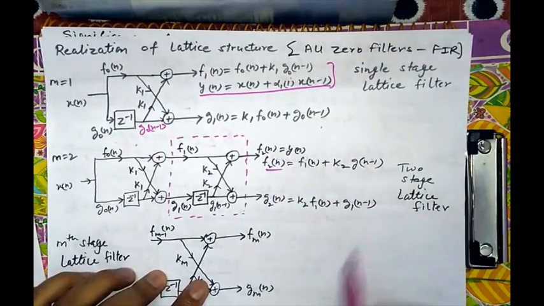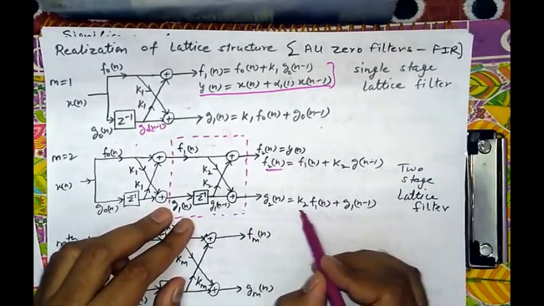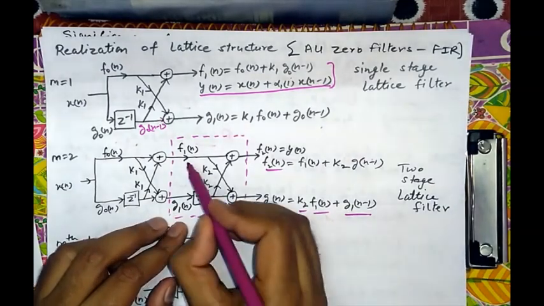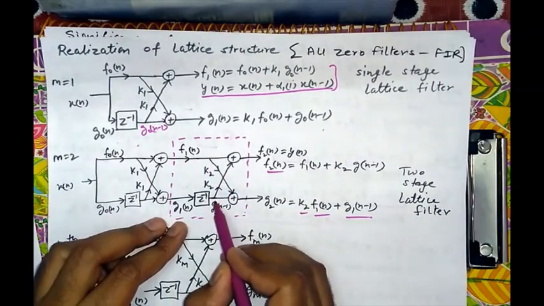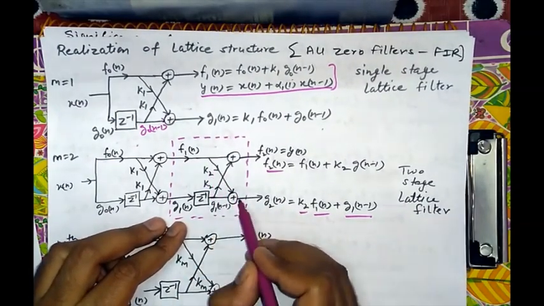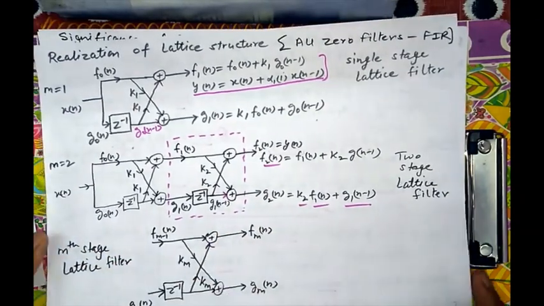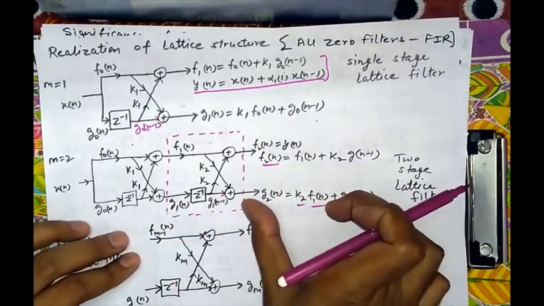This is the first value, and the second value, the g value, is k2 f1n plus g1n minus 1. It means f1n is multiplied with k2 and g1n delayed is directly added to this value, corresponding to g2n. Okay, check out please. It is a two-stage filter.